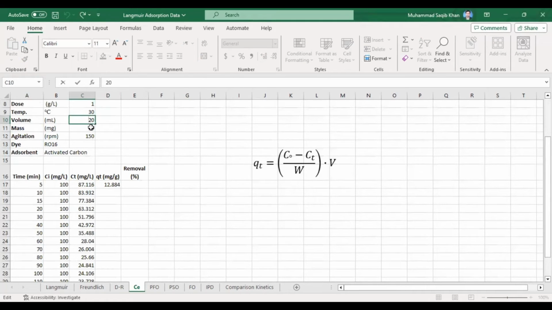Actually, this is in ml, so in liter it will be equal to 0.02 liter, and this will also be equal to 0.02 liters. Okay, so this value is in liter and this value is in grams.